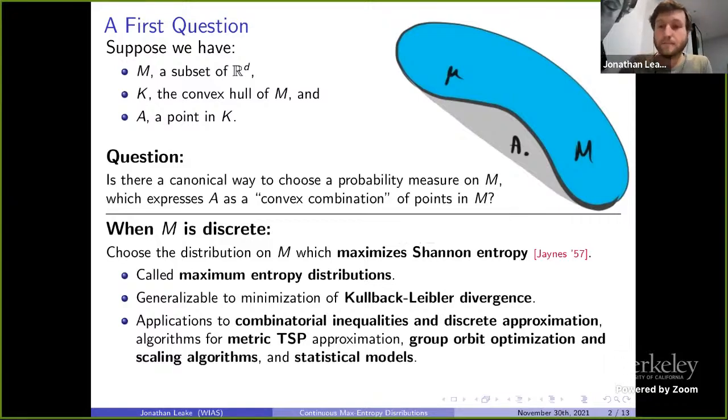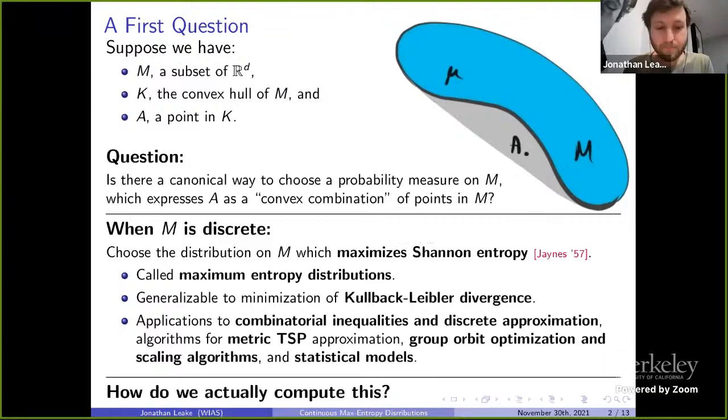And then there are some other examples which we've either already seen this week or maybe we'll see later this week, related to scaling algorithms, orbits, and also to statistical models. Okay, so maybe we have some applications here. This is then maybe something we want to think about. The question is, how do we actually compute this, right? This is some optimization problem over a set of probability distributions. And maybe if this set M is quite large, maybe this is difficult to do. So how can we do this?